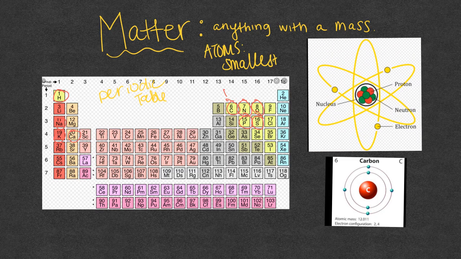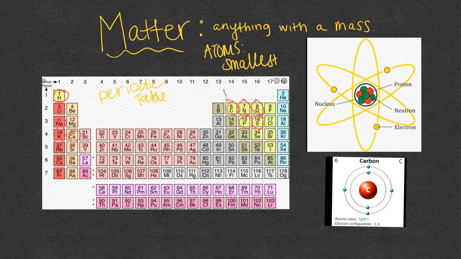atoms are composed of. You have a nucleus, and inside of that nucleus are the protons and the neutrons. Neutrons have no charge, protons have a positive charge, and then on the outside of the nucleus in these electron shells are the electrons with a negative charge. The number of protons are what give an atom or an element its properties.